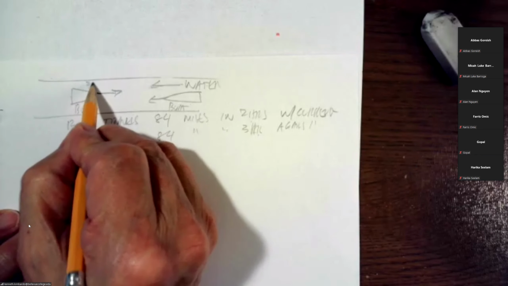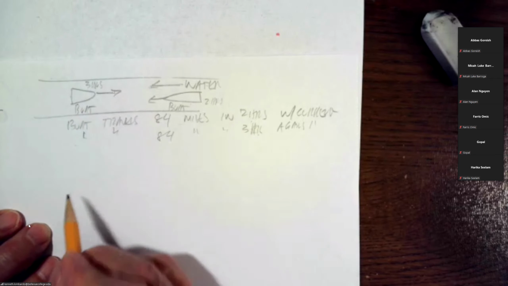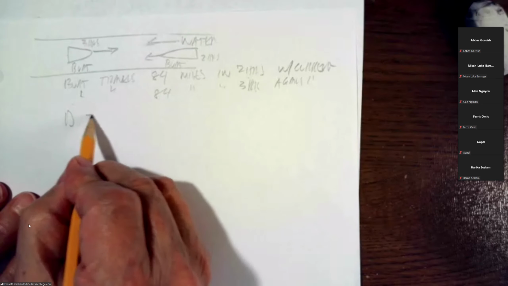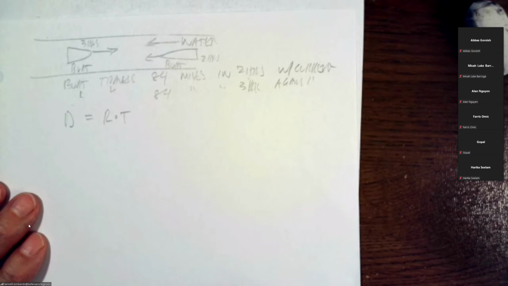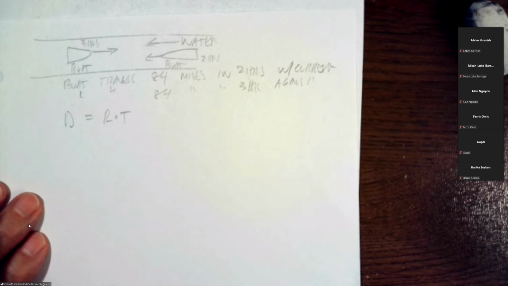So here it takes 3 hours. Here it takes 2 hours. This is a problem of distance equals rate times time. So that's what we're going to use to solve this problem.